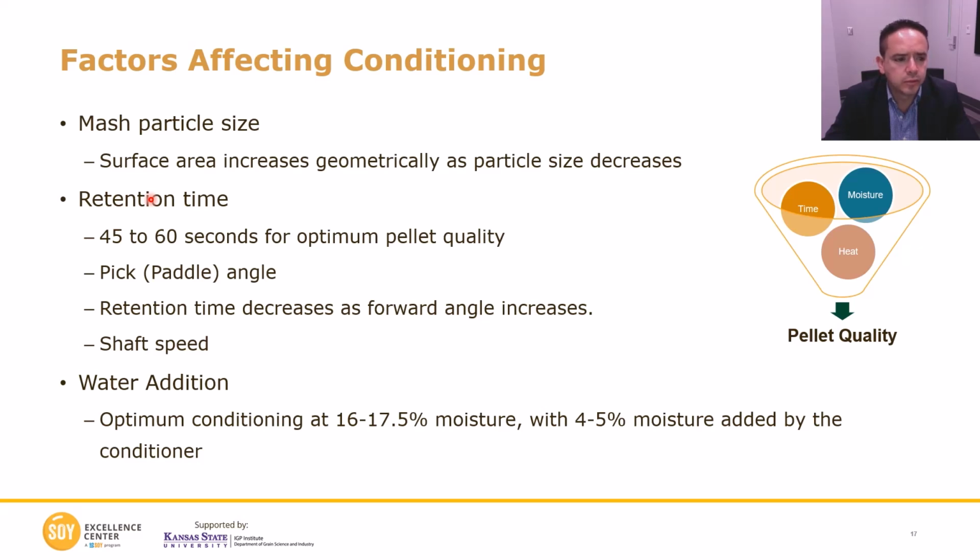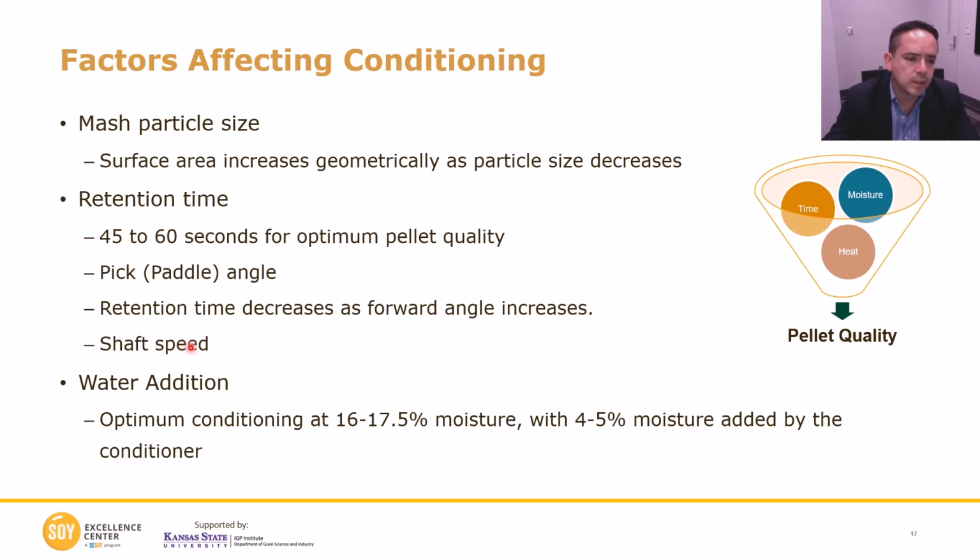You want to maintain a retention time between 45 and 60 seconds for optimum pellet quality. The other factor that is going to affect retention time is the pitch angle, and the retention time decreases as forward angle increases, which makes sense. If you are moving feed out of the conditioner faster, then your retention time is going to be lower.